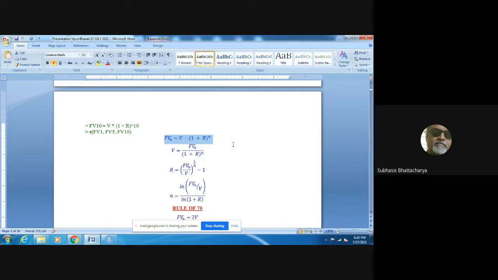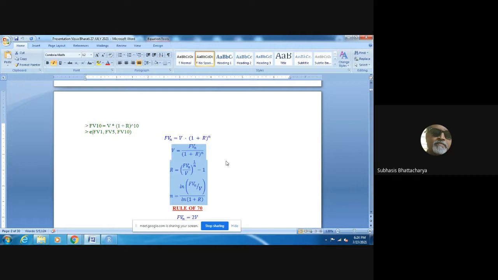If the other three are given, we can determine V, or R. These are simple mathematical deductions. Given F, V, and R, we can solve for n also, taking the log. So this is how the annual rate of interest is defined.